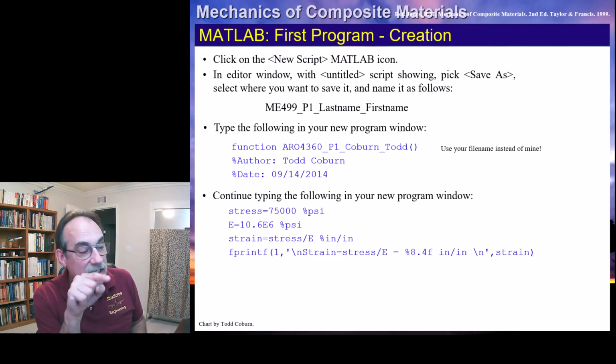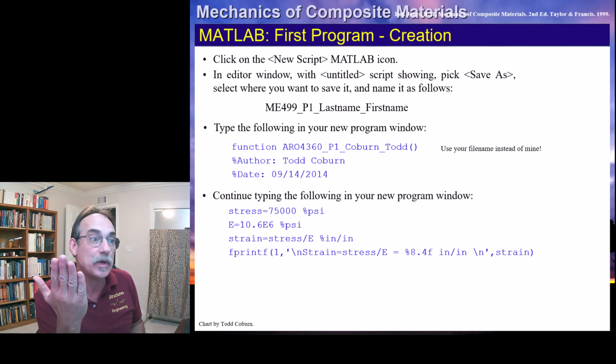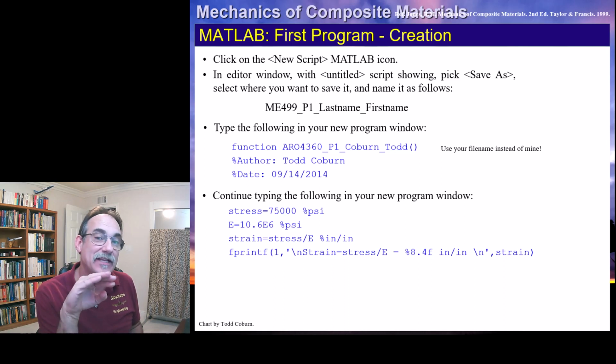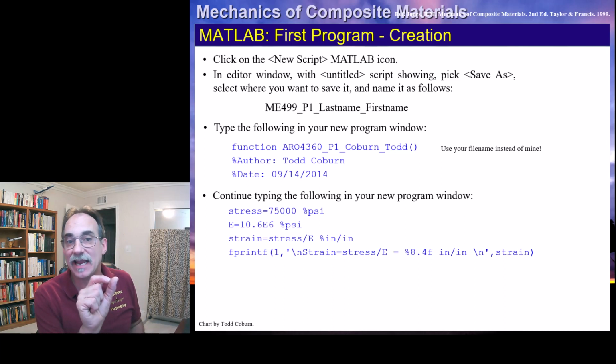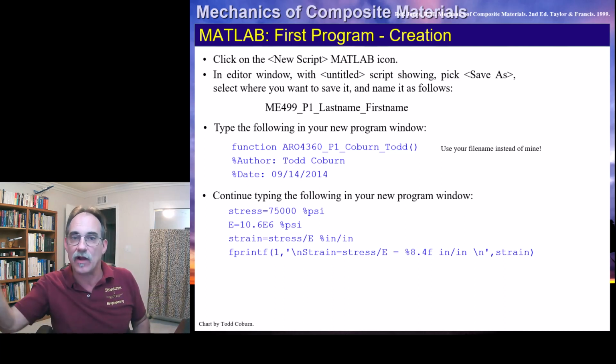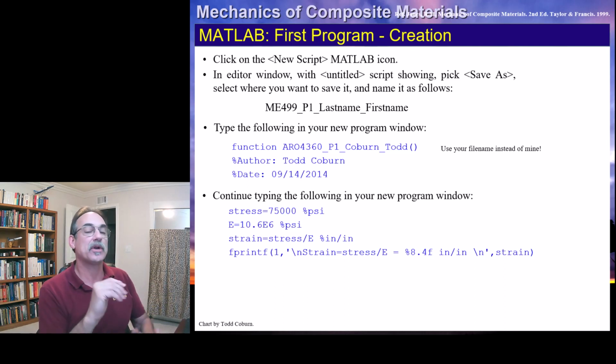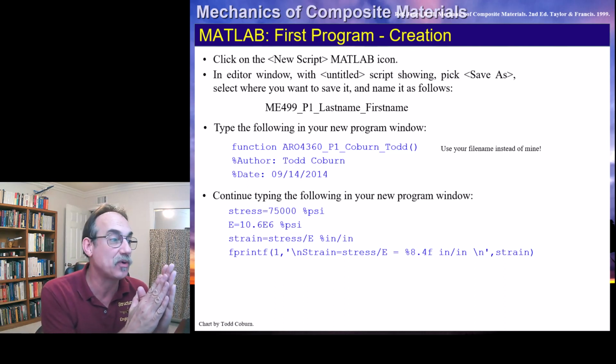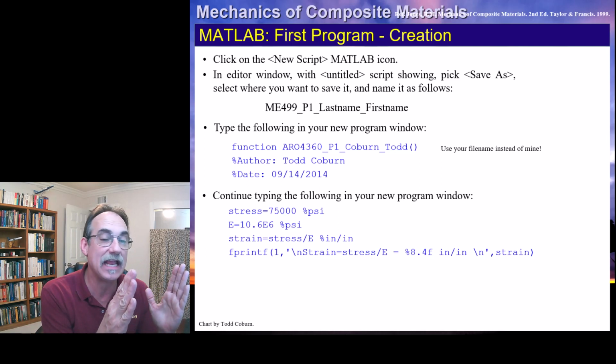When MATLAB sees a \n, it sees that slash and thinks, ooh, this is a special command. \n is a special command. It means go to the new line. So it's not going to write \n to the screen. Instead, it recognizes this is a command. I'm going to go to a new line instead of writing on the back of whatever line I'm on. Then it's going to write all the characters defined. So it's going to write strain equals stress over E equals.